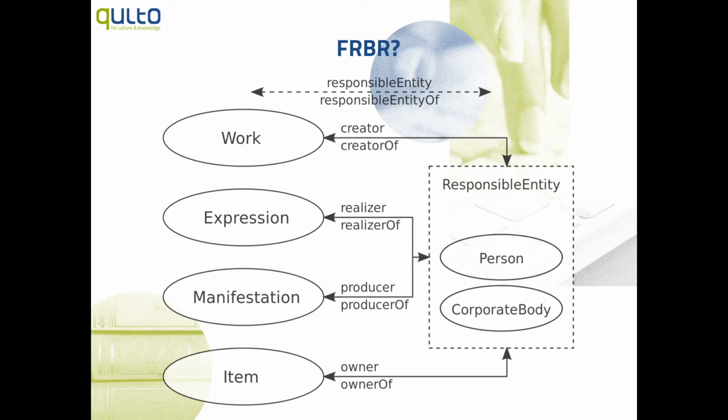Such an FRBR catalog is different from a traditional library catalog, with having information from the expression and work level of an entity. Traditional library catalogs, bibliographic data, and item records only deal with the manifestation and item level of different editions of documents.